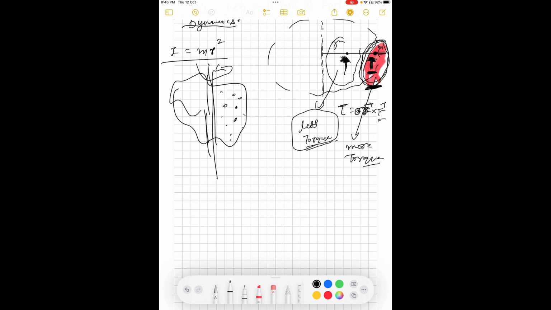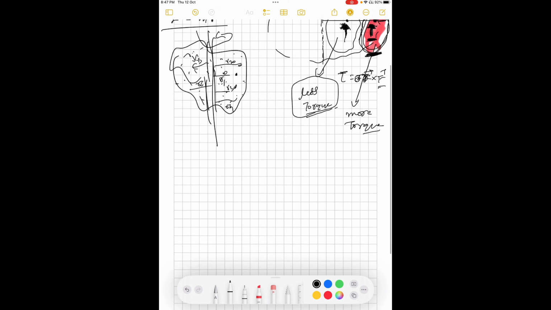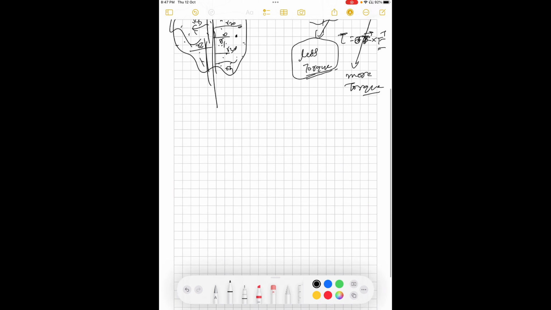We can assume that it is made of point masses, rigid with respect to each other, and each one of them will have some distance, say r1, r2, r3, r4, r5, r6, and so on.